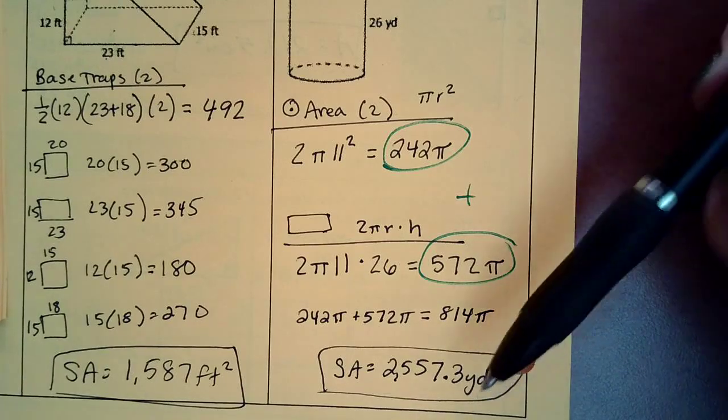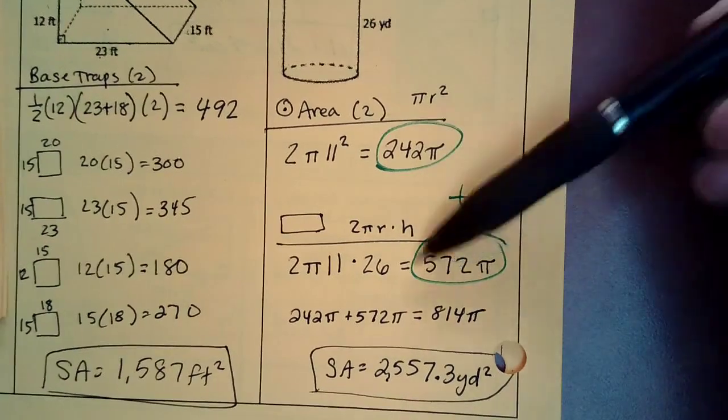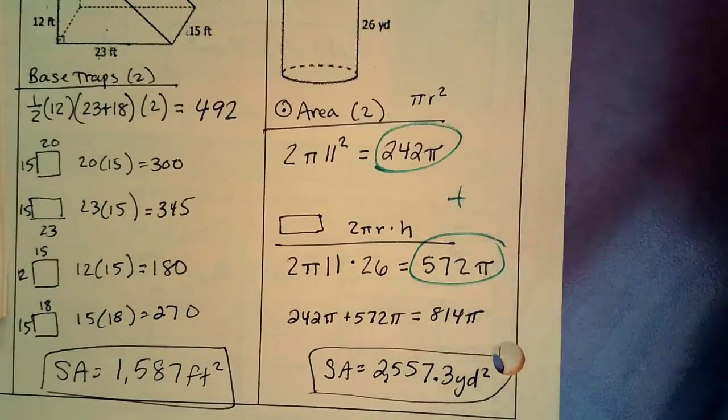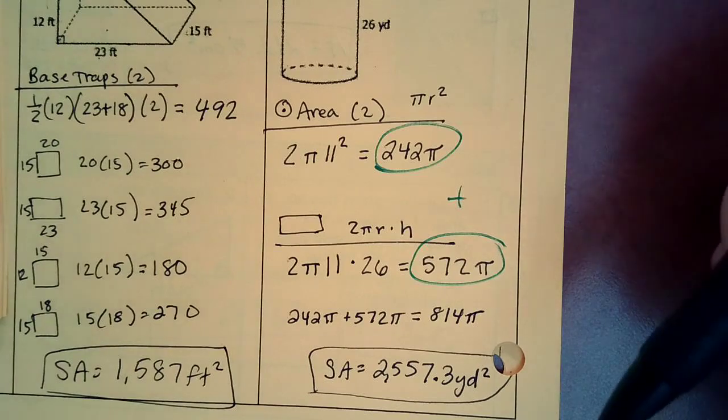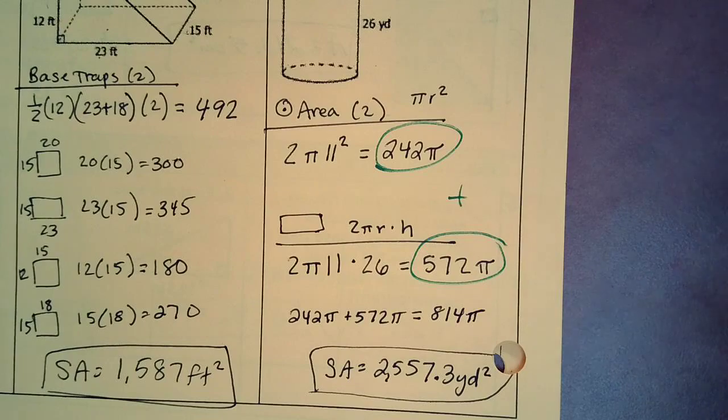Okay, this would be the most accurate answer. If we had rounded this number and then rounded this number and then added them and possibly had to round again, it would be a little bit less accurate. Probably still close, but less accurate.